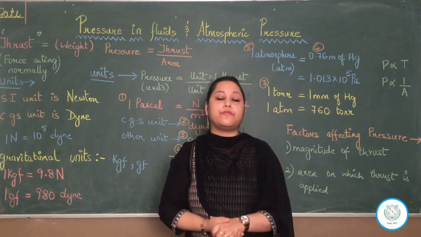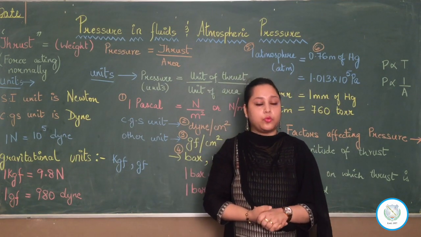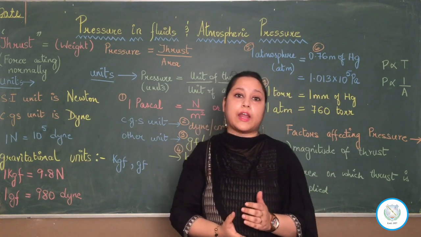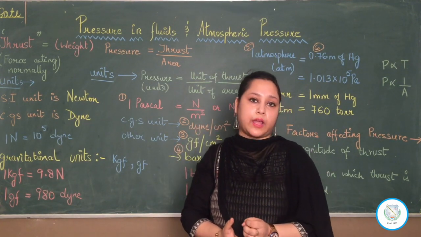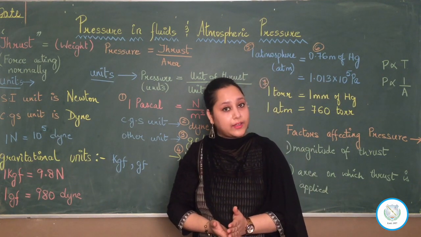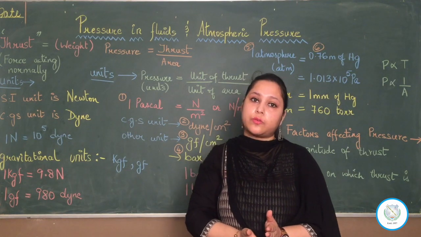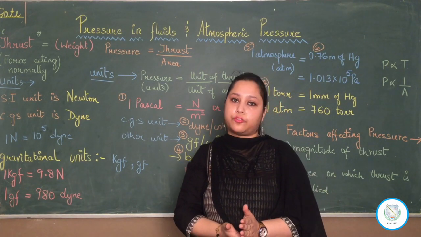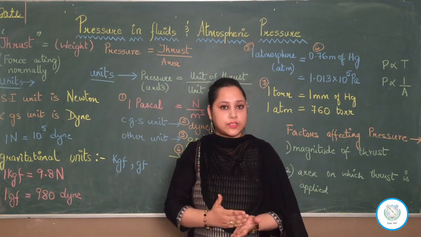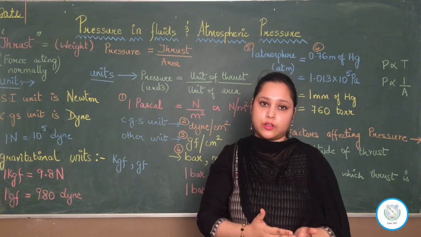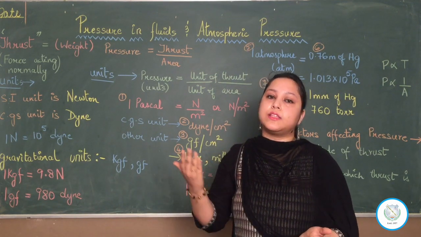Then if we talk about weight, the weight of a body is also the force of gravity which the earth is applying to pull the body downwards in a particular direction. Again, that is perpendicular also. Therefore, weight can also be called thrust. Therefore, thrust or force in a particular direction, that is perpendicular, or weight mean the same.